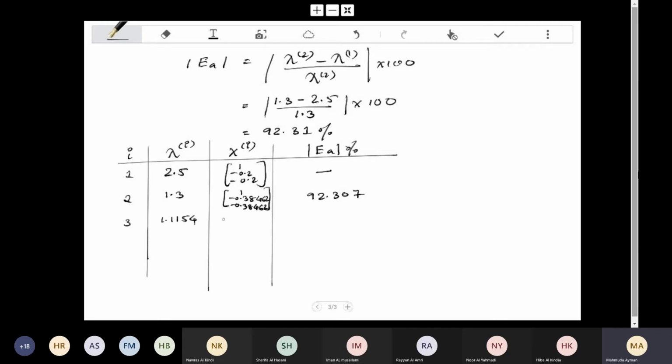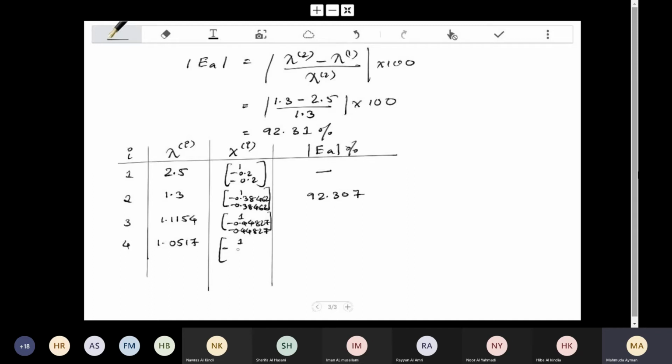Now if you calculate the third i, you will get the eigenvalue as 1.1154 and the eigenvector as 1, minus 0.44827, and the same again, 0.44827. And for the fourth, we have the eigenvalue as 1.0517 and the eigenvector is 1. As you can see at the top, the 1 is always there because we kept that unity all the time.